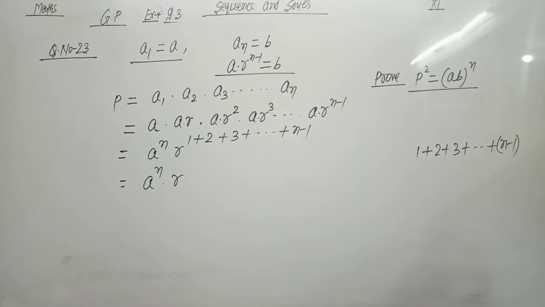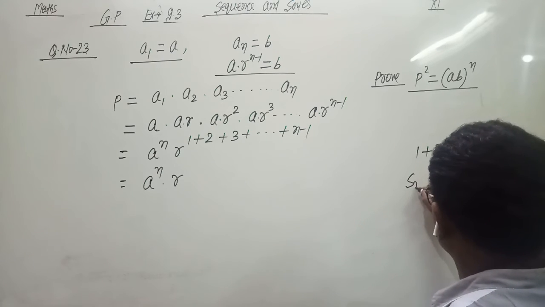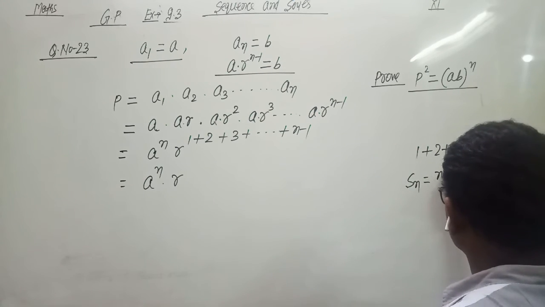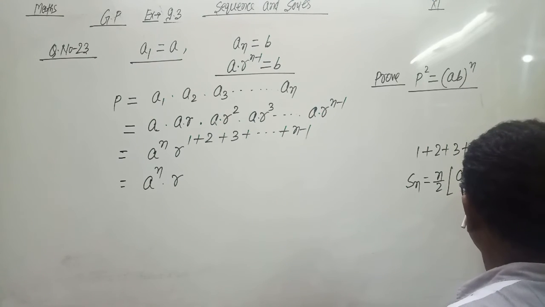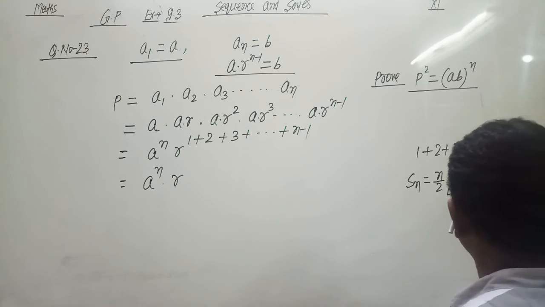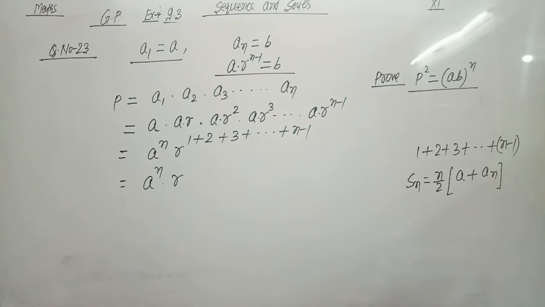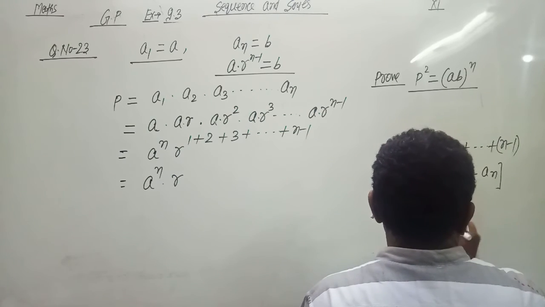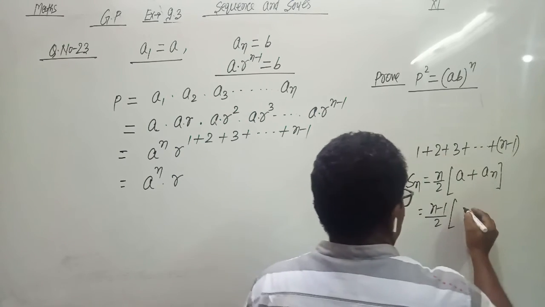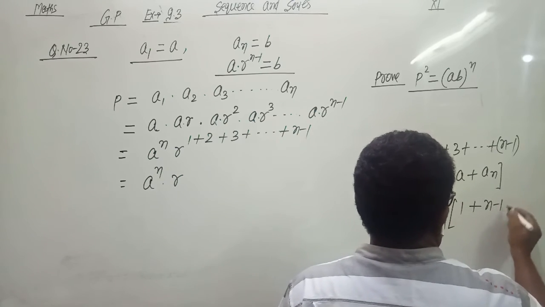This is the series of an AP, and the formula for the sum of an AP is n by 2 into a plus an, where n means the number of terms. Here the total number of terms is n minus 1, the first term is 1, and the last term is n minus 1.